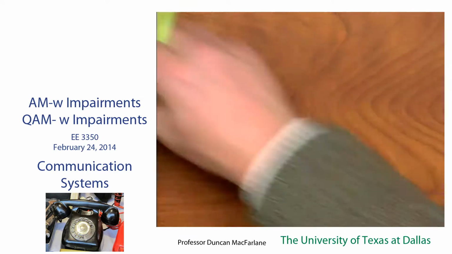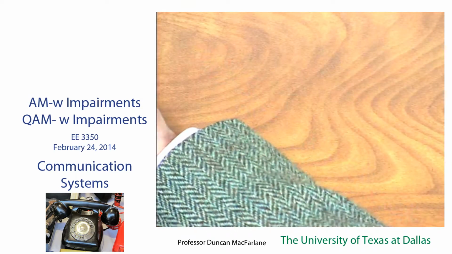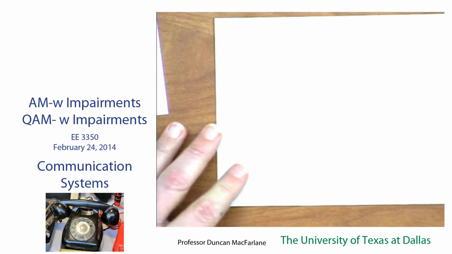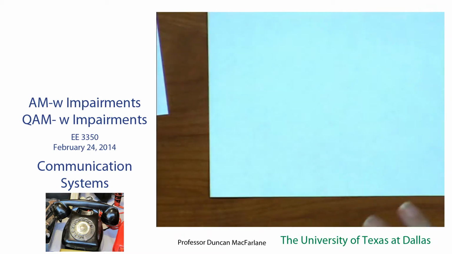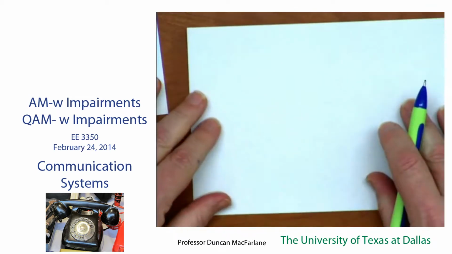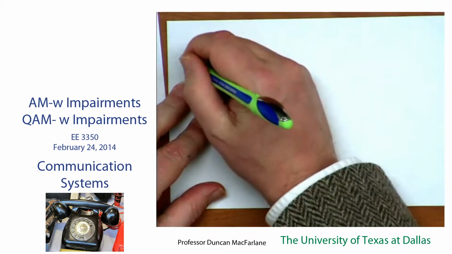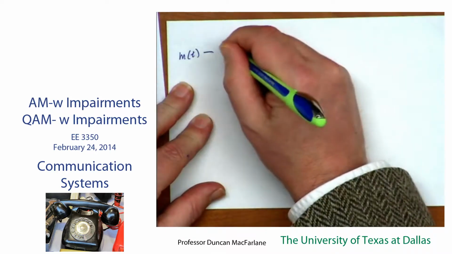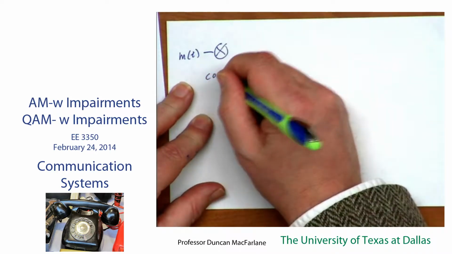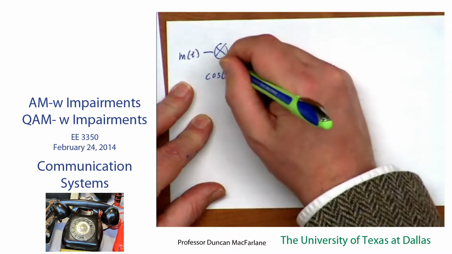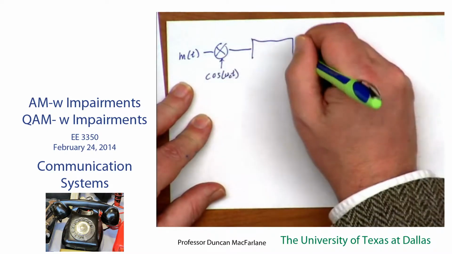Let's now do some imperfections. I have m of t. I have my local carrier. I have my channel.